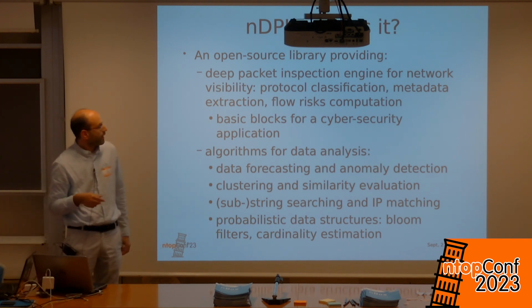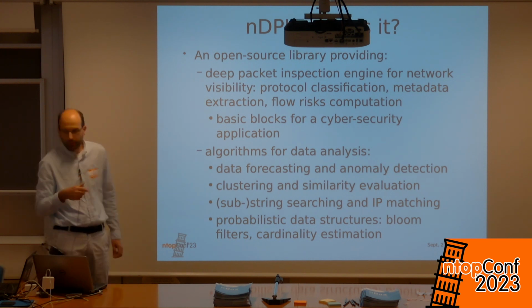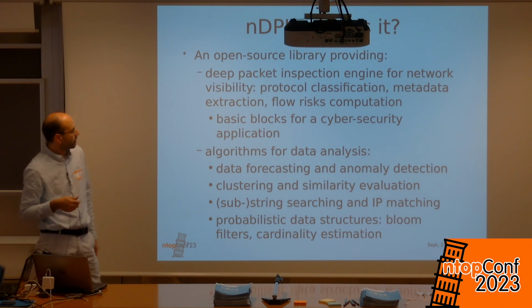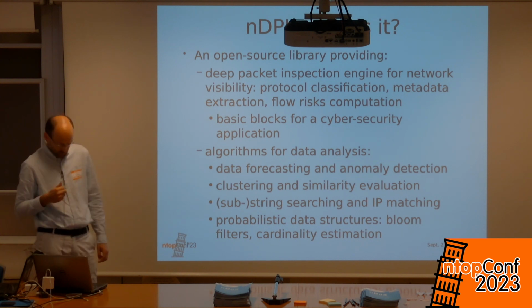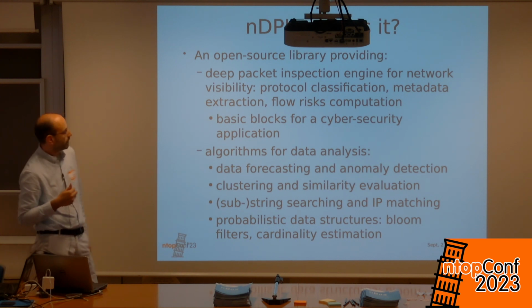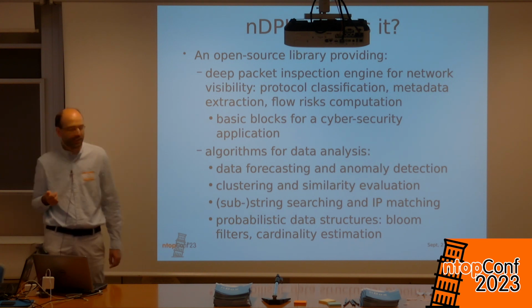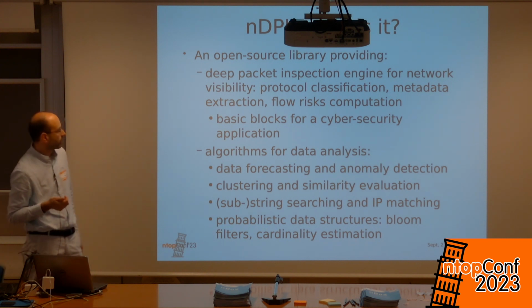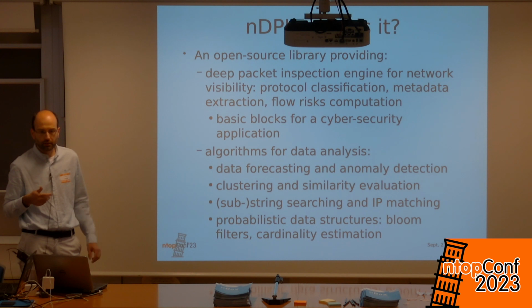nDPI is an open source library made by ntop that gives you two main things. The first one is a deep packet inspection engine that gives you network visibility. So protocol classification, metadata, and flow risk extraction. Flow risks are some kind of higher level information.